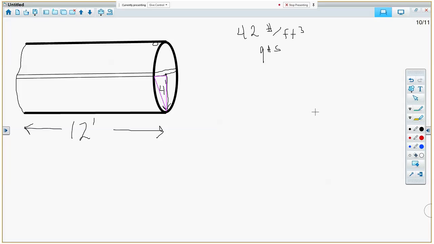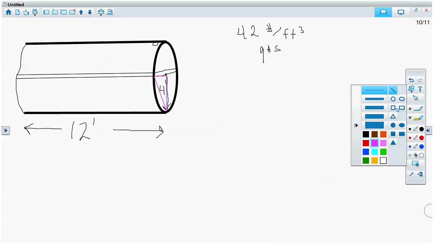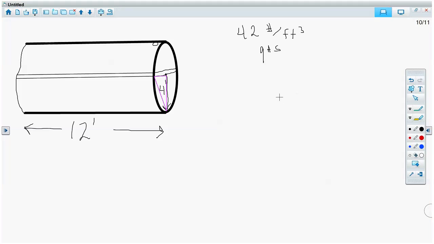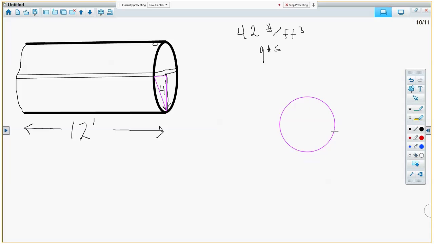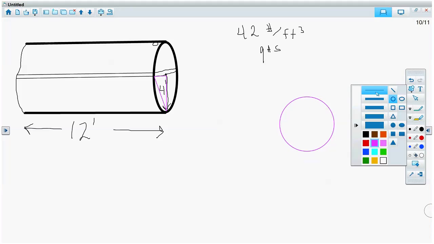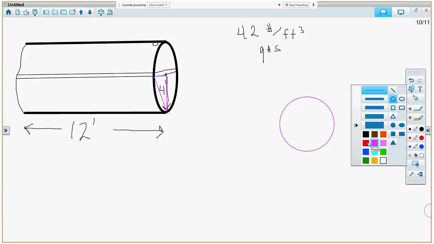There's your basic right triangle that's in there. And I'm going to go ahead and just tell you what to do. Where this is, I'm going to draw a circle. And I think it might be easier for you just to see it. So there's your circle on the end right here. And then you've got a black line coming right across.